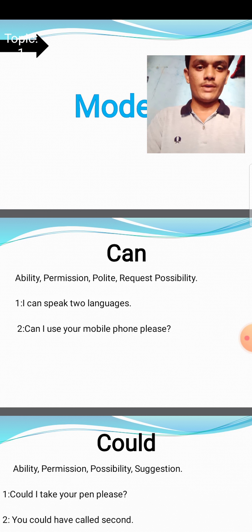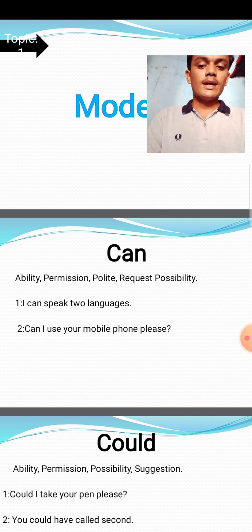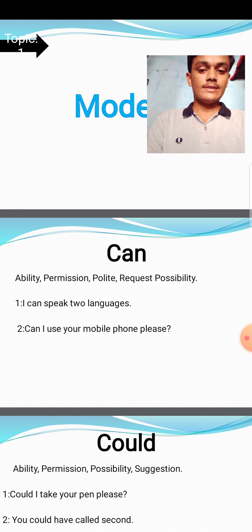Number 2: can I use your mobile phone please? This is an interrogative sentence, an example of can in modal verbs.